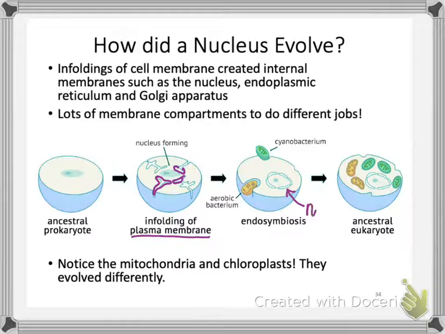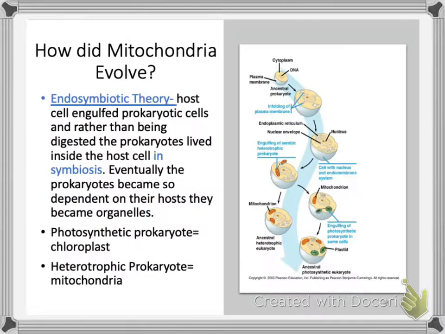Okay, and you can see that this infolding of the membranes also created lots of other organelles, like the endoplasmic reticulum, also called the ER, maybe you remember that from bio, or the Golgi apparatus, Golgi bodies, things like that. Notice mitochondria and chloroplasts right here. So here's the chloroplast, here's mitochondria. They evolved differently. So let's look at mitochondria in a little bit more detail.